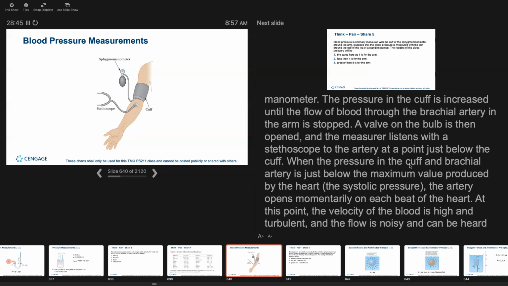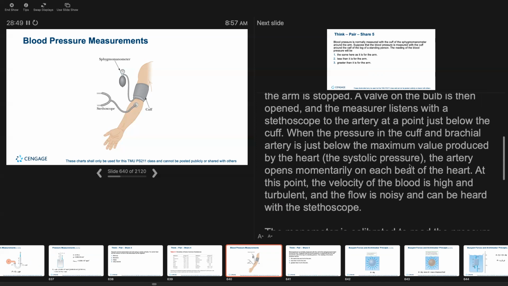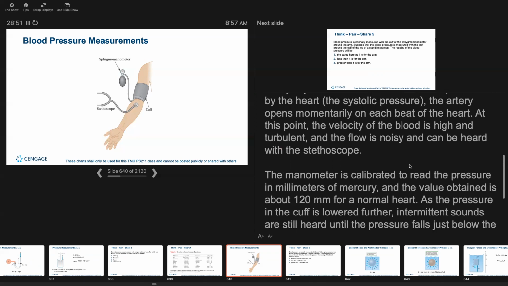At this point, the velocity of the blood is high and turbulent, and the flow is noisy and can be heard with a stethoscope. The manometer is calibrated to read the pressure in millimeters of mercury, and the value obtained is about 120 millimeters for a normal heart.